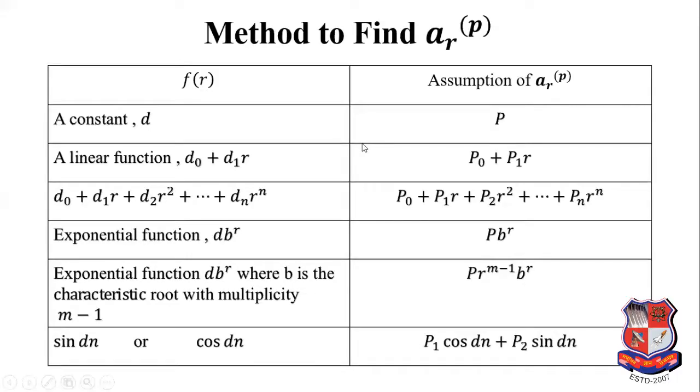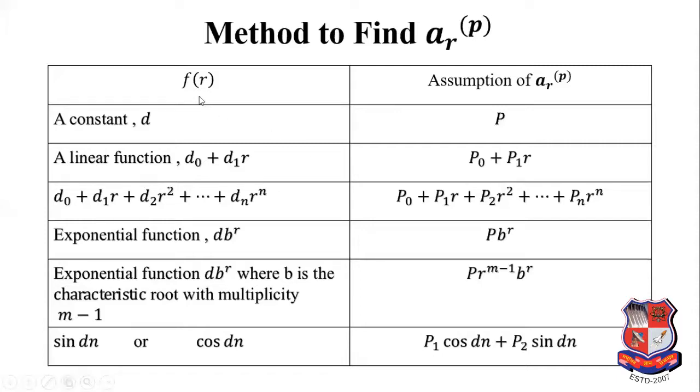Now, in the case of inhomogeneous equations, we need to find the particular solution, that is a_r^(P). To find it, we have to assume a_r^(P) to have some form of solution containing some constants, and we need to find the values of those constants.